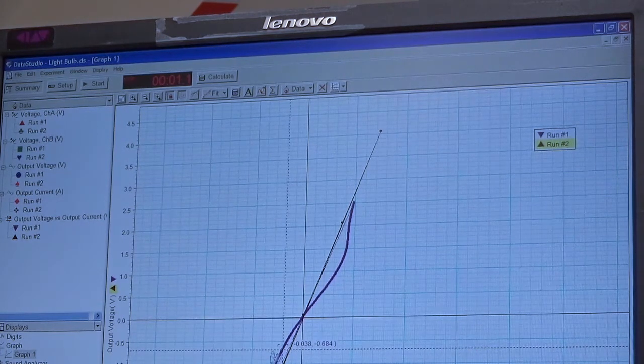So that first graph over here that we obtained, which was a curvilinear graph, was obtained at very low frequency for the light bulb, and we saw that at very low frequency the light bulb was flickering on and off, and this is due to the fact that the temperature which is reached by the light bulb wasn't enough for the resistance of that light bulb to stabilize.